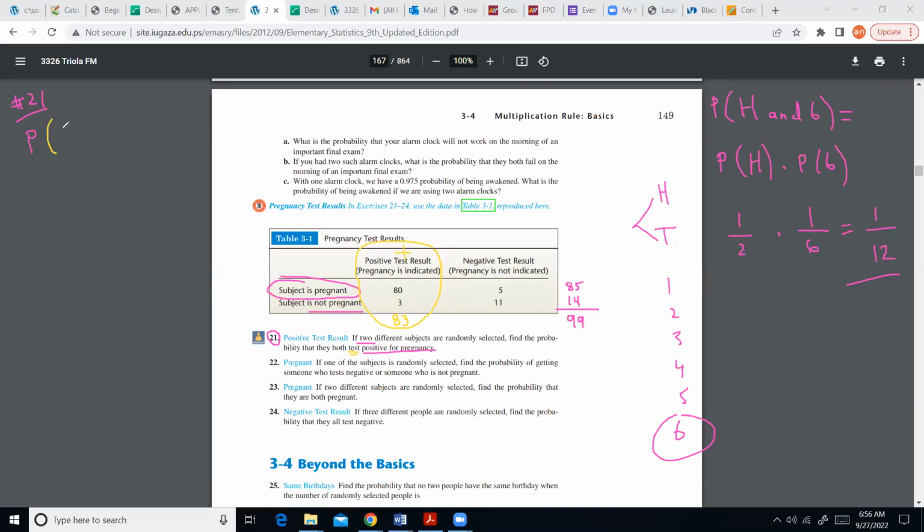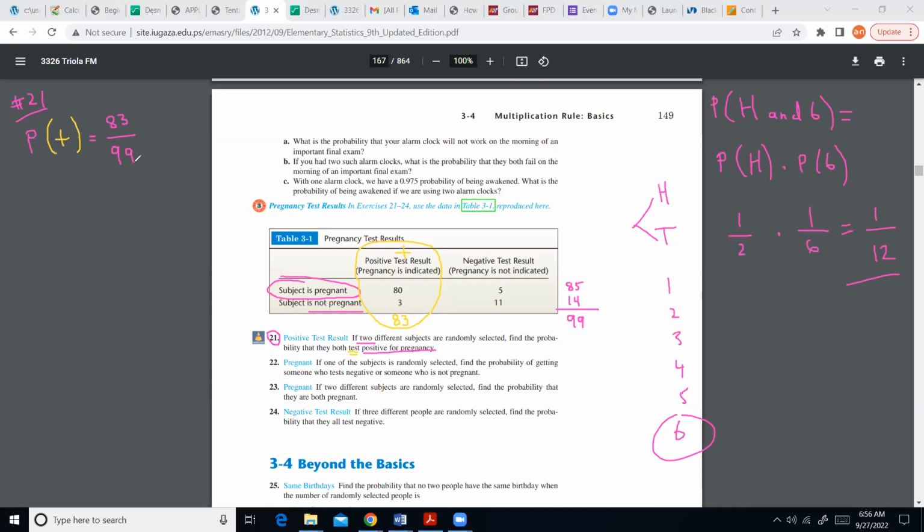So the probability that someone gets a positive test result, if that's one person only, is going to be 83 out of 99, right? If there was one person selected, then 83 out of 99 is the chance the person tests positive.